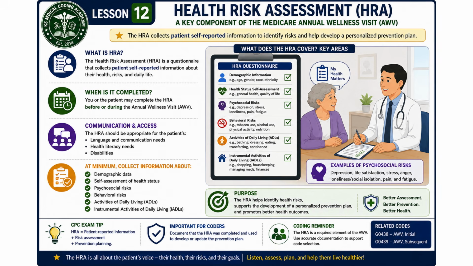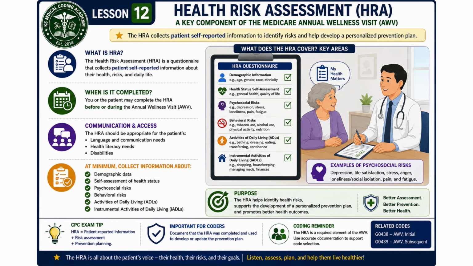The assessment includes important information such as demographic data, the patient's self-assessment of health status, psychosocial risks, behavioral risks, activities of daily living, and instrumental activities of daily living. Psychosocial risks may include depression, stress, anger, loneliness or social isolation, pain, and fatigue.